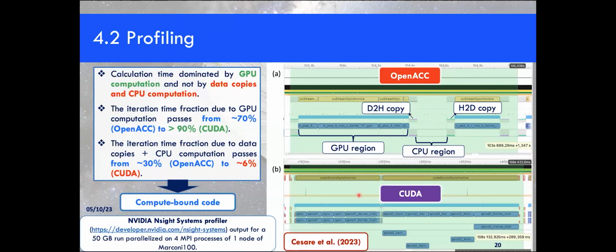And we also ported more regions to the GPU, so the sum of data copies and CPU computation that in the OpenACC code represented 30% of the iteration time is now reduced to 6%. So we can say that this is a compute-bound code.